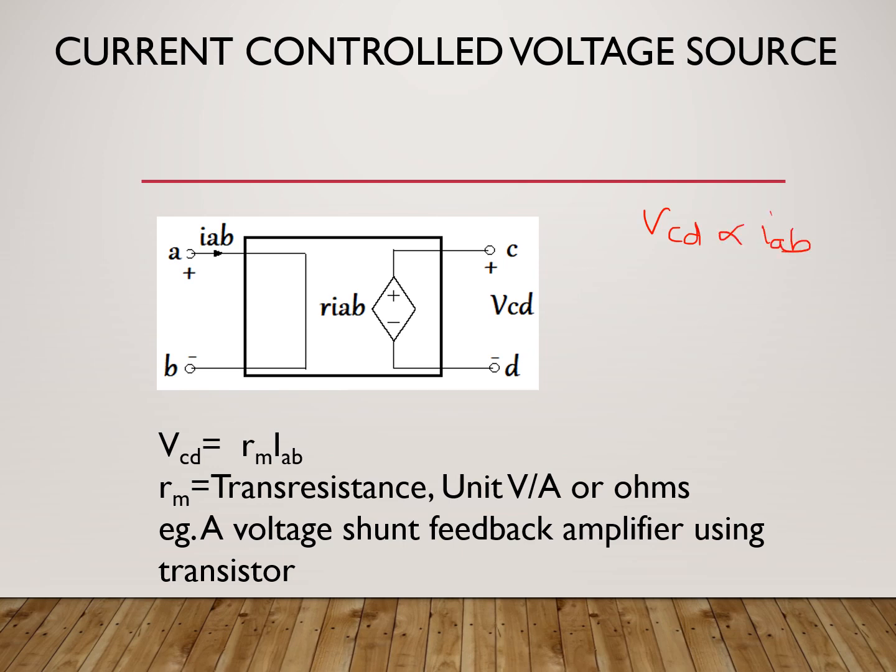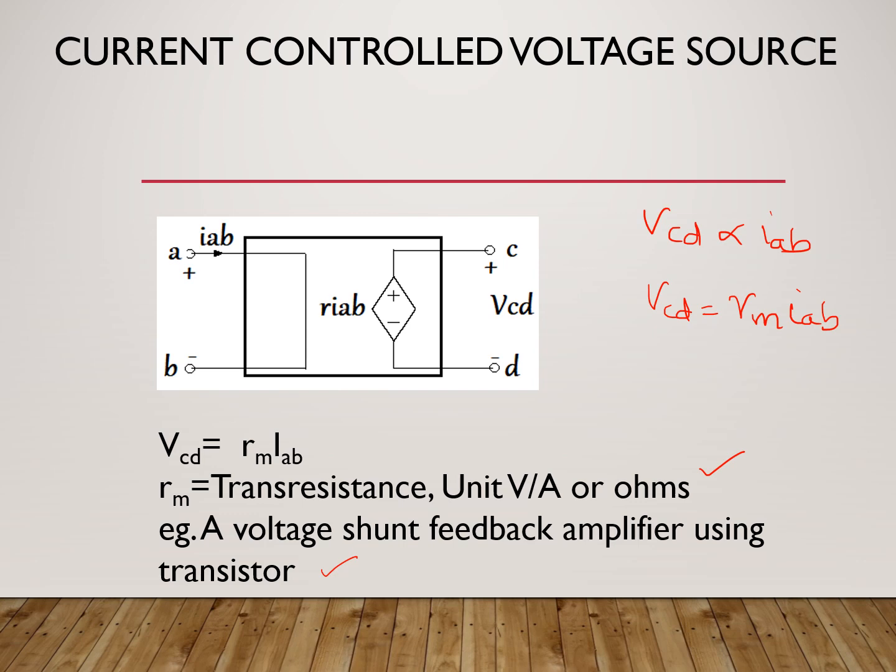Again you can see that the representation is with a diamond symbol and polarity, since the output is a voltage. The output depends upon a current. So the proportionality constant is going to be voltage divided by current, which is a resistance. So this is your transresistance. Since it's voltage divided by current, its unit is ohms, and the examples are that of a voltage shunt feedback amplifier using a transistor.